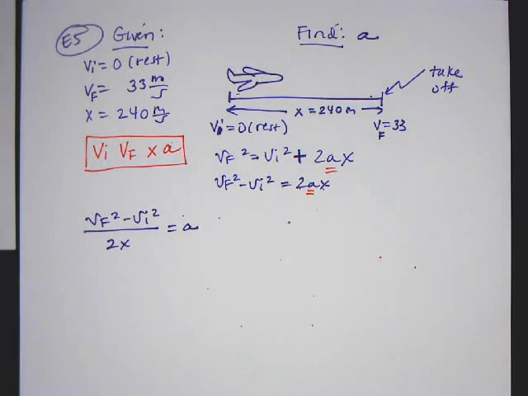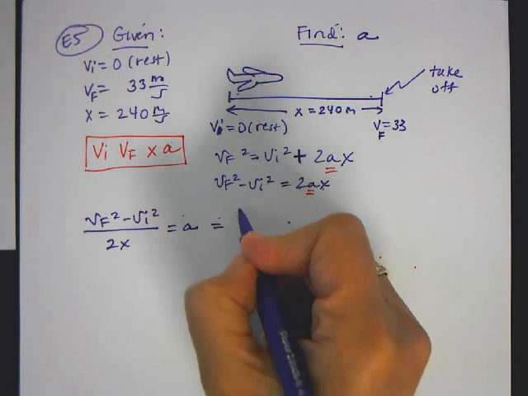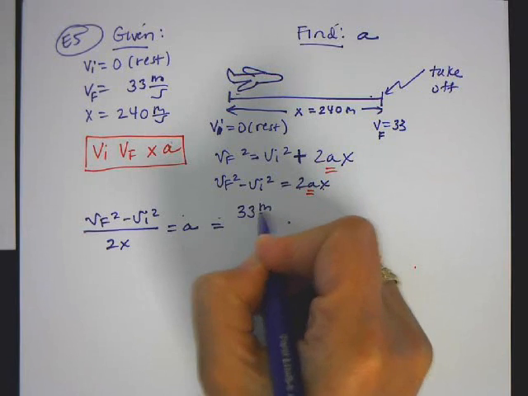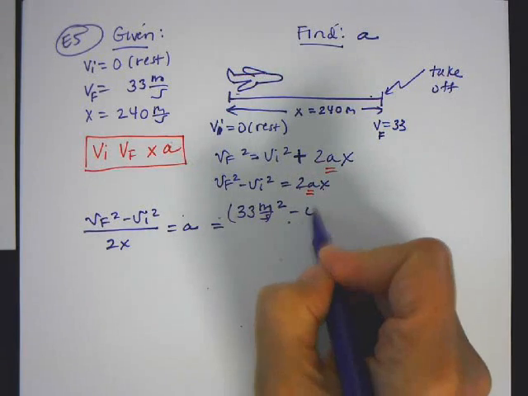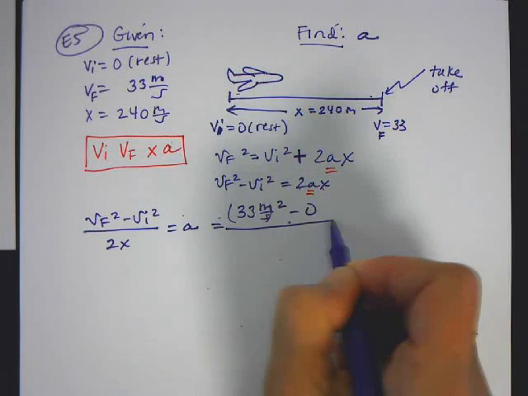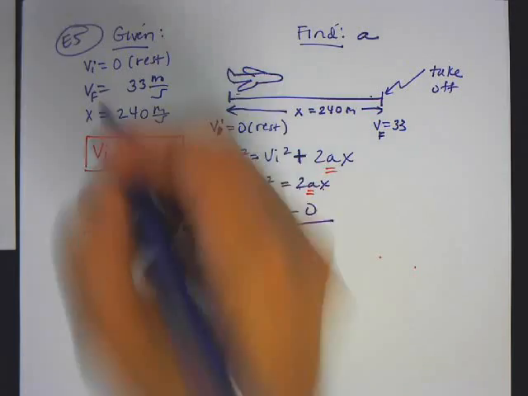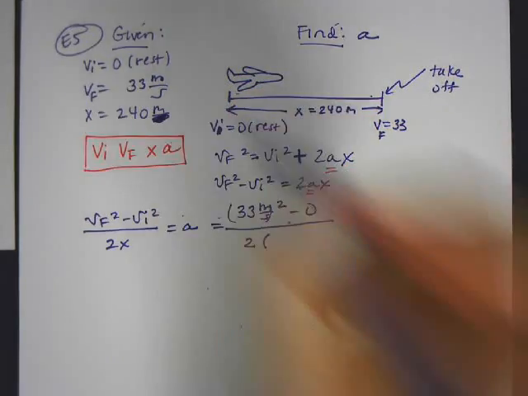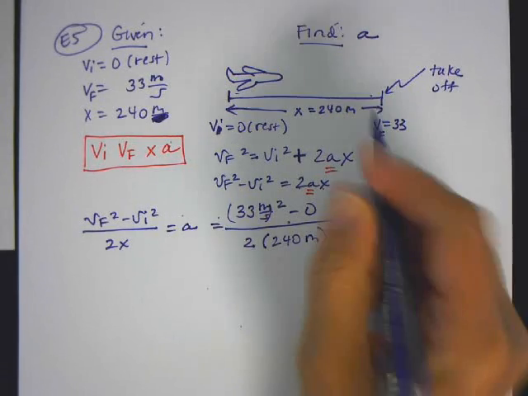So now I'm going to substitute in my values. So VF is 33 meters per second, squared, minus the initial velocity, which is 0, divided by 2 times, oh, I'm sorry, I wrote the wrong unit here. That's just meters. 240 meters. I wrote it correctly here. I don't know why I did that.